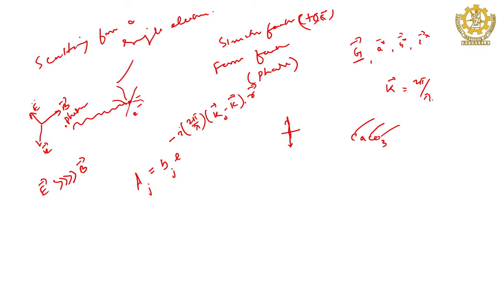A is the amplitude due to the jth electron. A is the amplitude, not intensity, right. You know about the k0 vector and k vector.